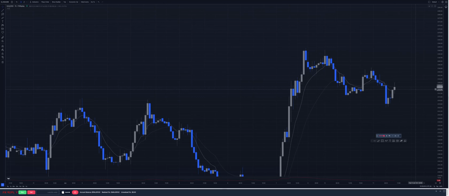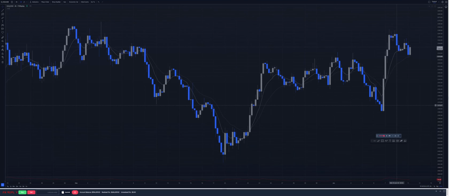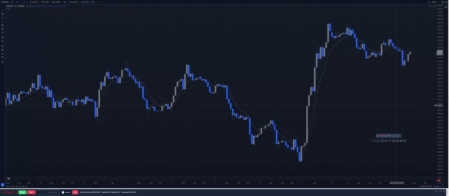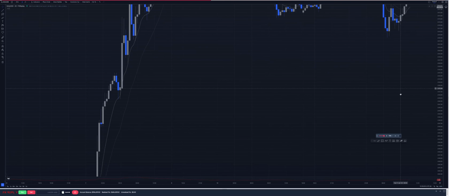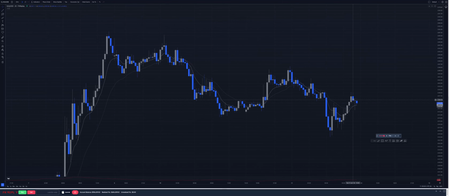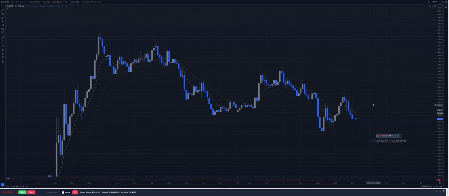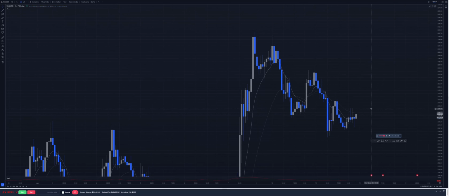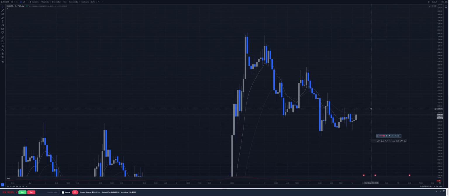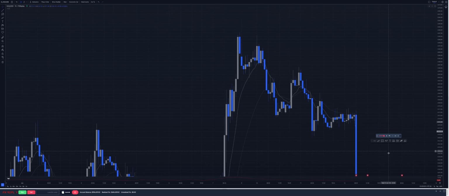I'm gonna give it a little bit of time. Potential entry over this high. Let's go 4 hour. Needs a little bit of time on the hourly.